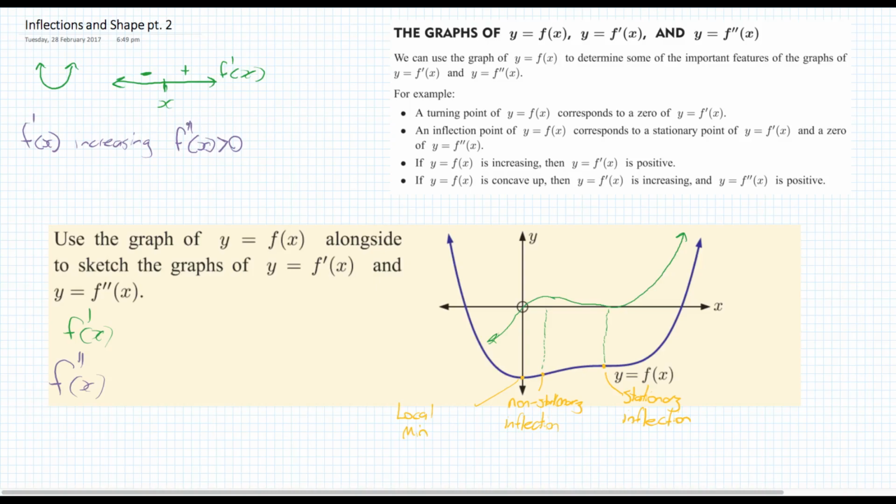So we can see that here it's increasing, increasing, increasing, it's decreasing, and then it's increasing again. So it's going to start off positive, go through the x-axis here, and then increase at the other side.